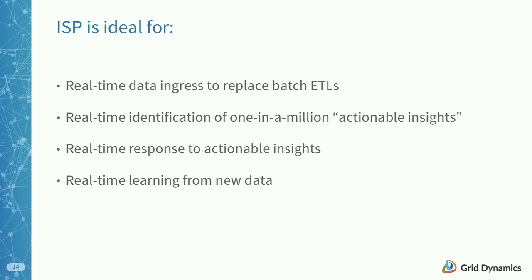Generally, we see 4 big classes of problems that are well solved by adding stream processing on top of your existing big data landscape. One is real-time data ingress, to essentially replace batch processing wherever possible. If you can catch an event at the source just as it happens, a bunch of it coming from the Internet of Things but also from other enterprise feeding systems, don't get it as a batch at the end.